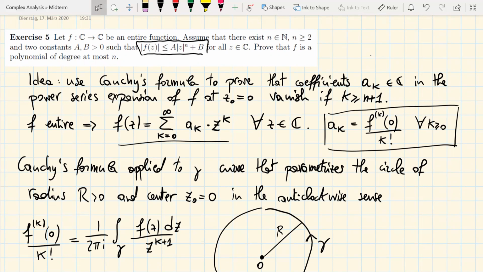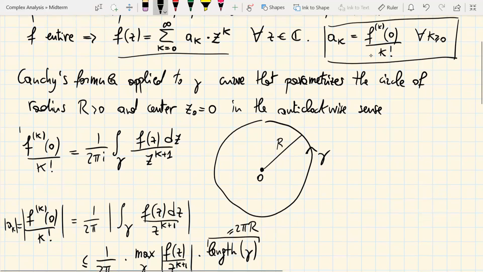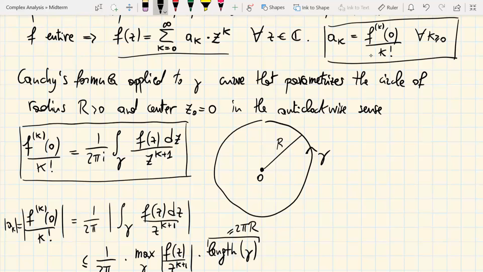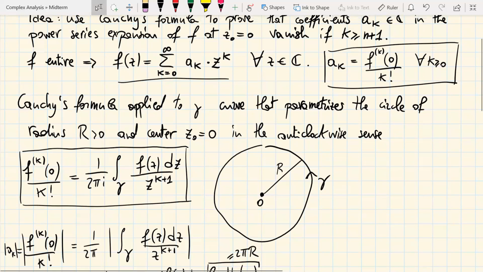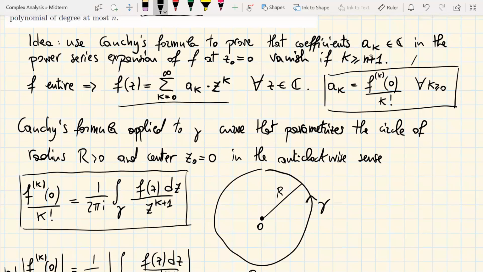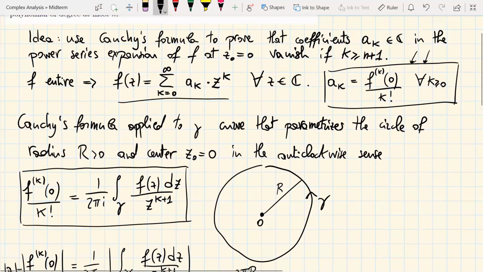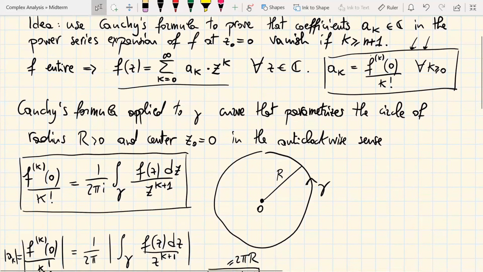So to recap what we did, we used the Cauchy's formula in this case. Cauchy's formula, you can see it here, gives you an estimate or computes the kth derivative of f in terms of an integral. And why is this useful? Because then this derivative gives us the coefficients in the Taylor expansion, the power series expansion at 0. So if we can show that these coefficients are 0 for k bigger or equal than n plus 1, we are done.